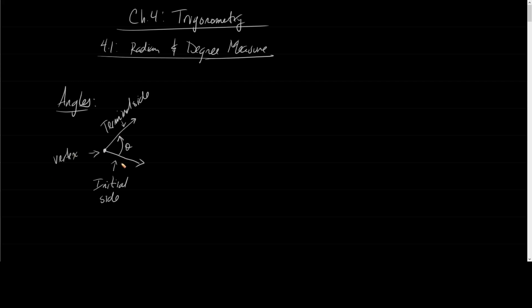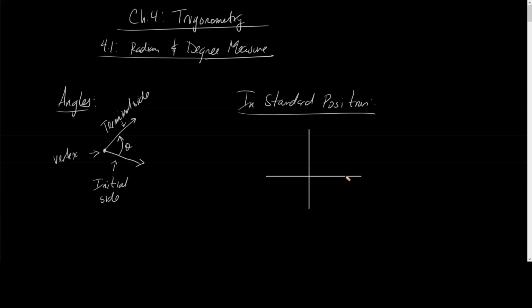Now, that's angles in general. Let's look at angles in standard position. When we say an angle in standard position, we're going to put that angle on the coordinate axis.